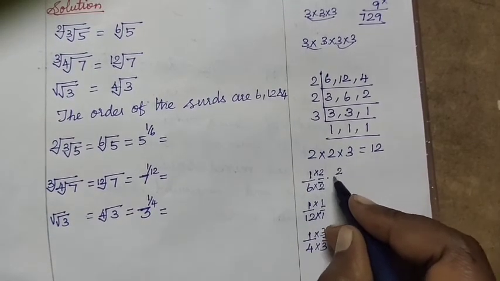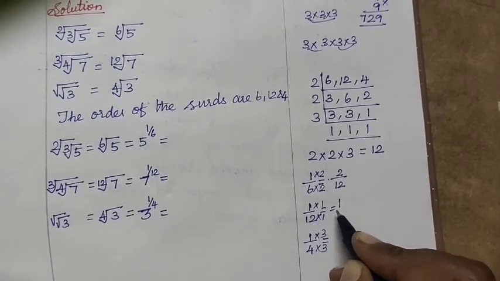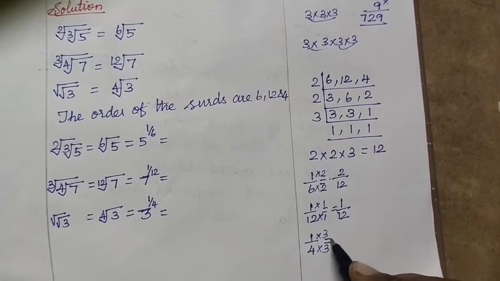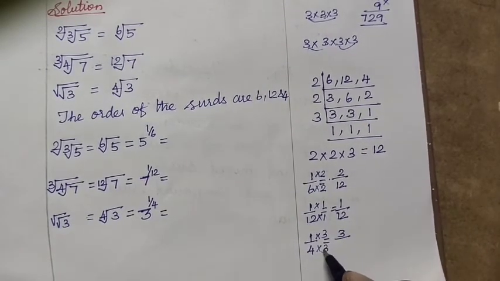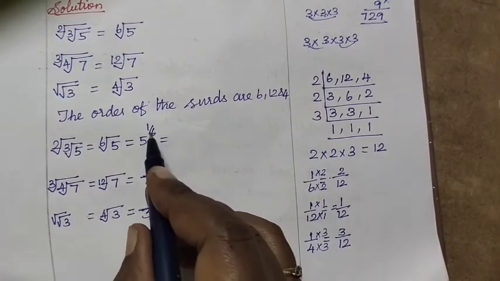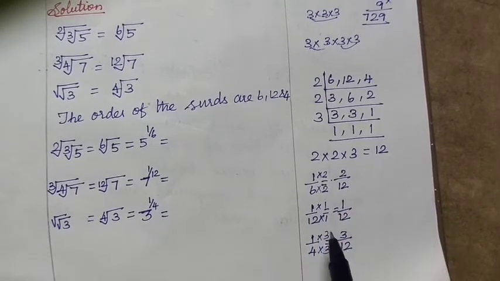1 2 is 2, 6 2s are 12. 1 1 is 1, 12 1 is 12. Here 3 by 4, 3s are 12. Instead of writing 1 by 6, 1 by 12, 1 by 4, we have to write these values.